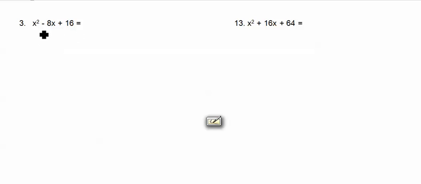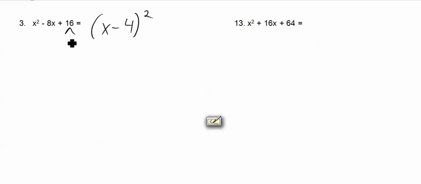Number 3 is an example where we've got a negative sign here. So if we take a look at this one and we see that 16 is 4 squared, so that might work. So we go 4 plus 4 is 8, or 4 times 2 is 8. So we know that we can just go x minus, because that's negative, x minus 4 squared. If we don't notice that or don't remember that rule, we can just do this out the long way.